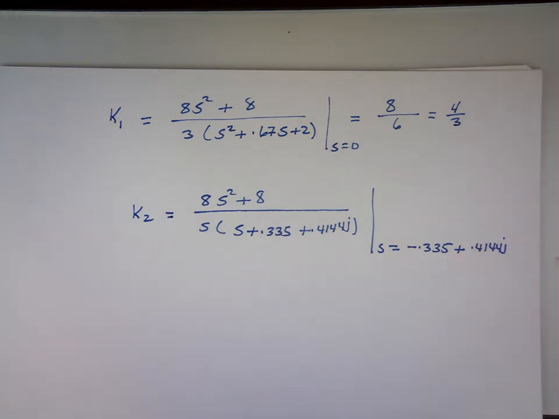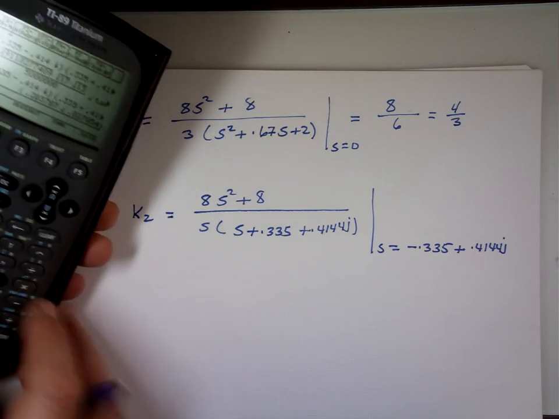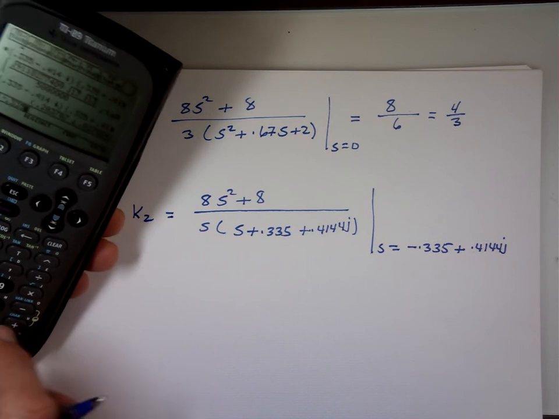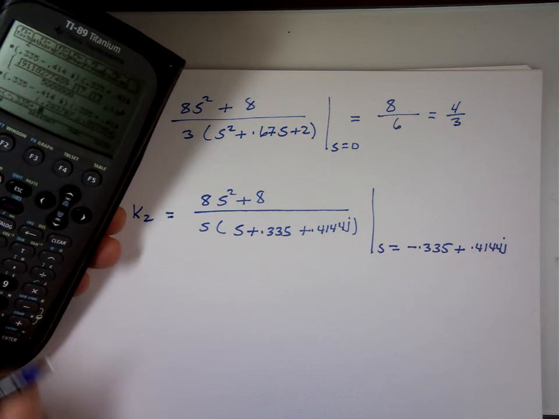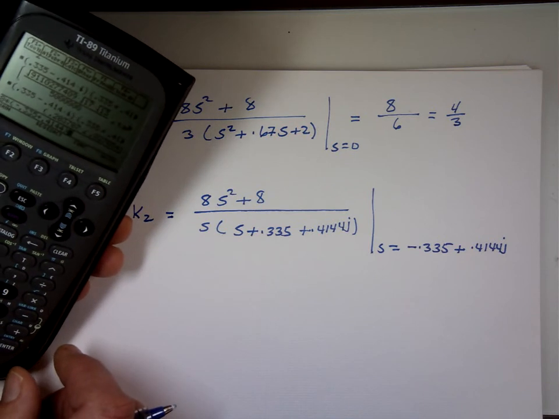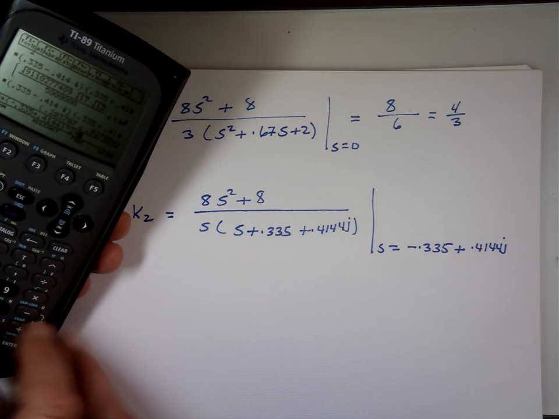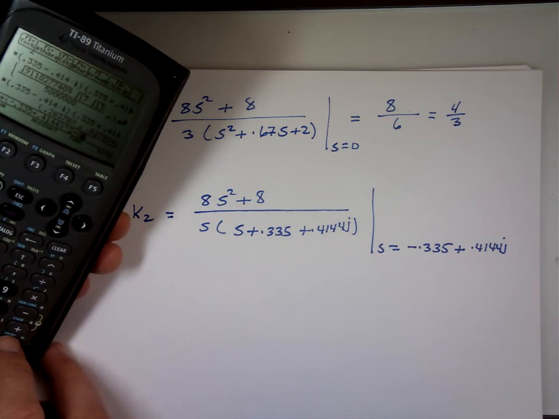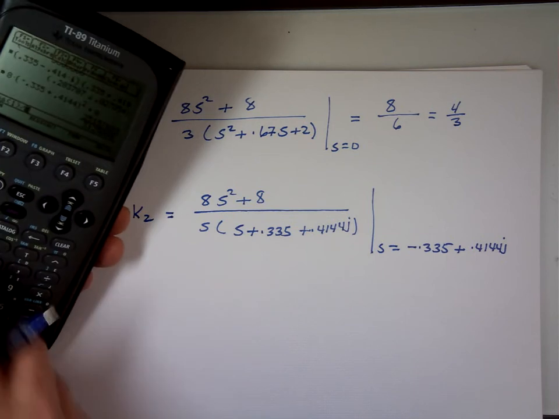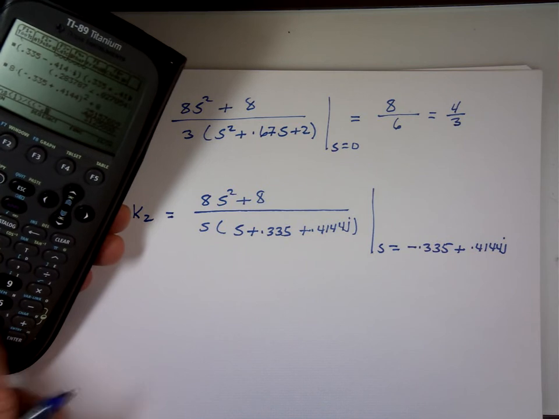Eight times negative 0.335 plus 0.4144, square that, close that, to the power of 2, plus the 8, divide the answer by parentheses, negative 0.335 plus 0.4144J.